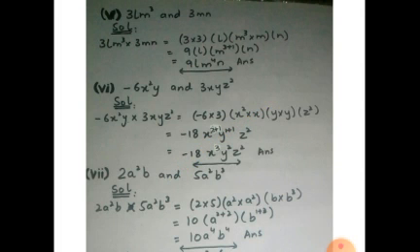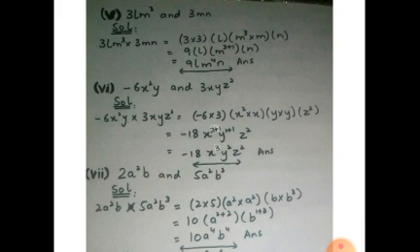Now come to part number 5, that is 3lm³ and 3mn. Here I write the terms and write the multiply sign in between them. Then we separate the numeric values, that is 3 into 3. Then I write l, and then m³ into m, and then n.